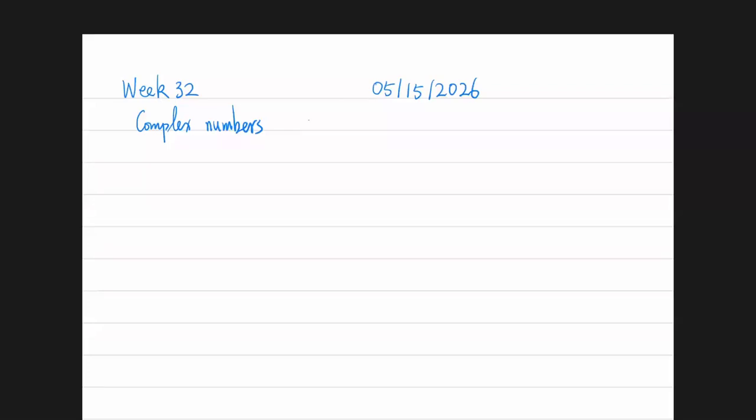Previously, we have z equals x plus iy. We will call x the real part, and y the imaginary part.